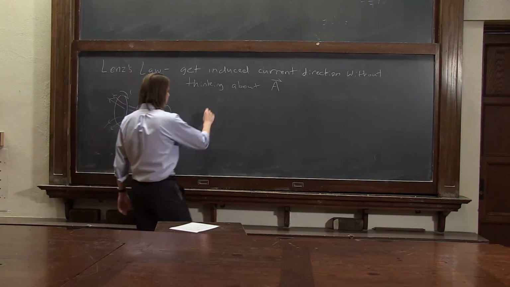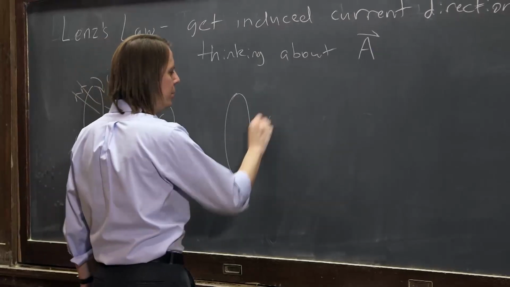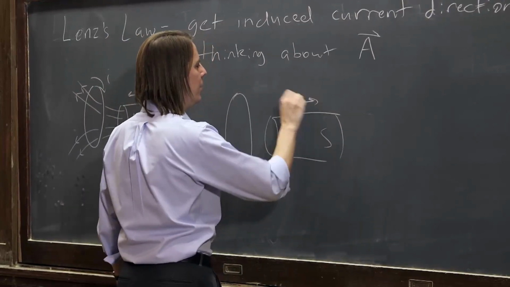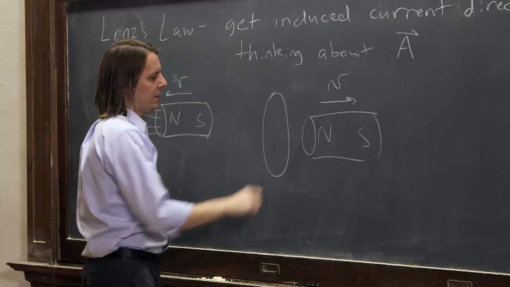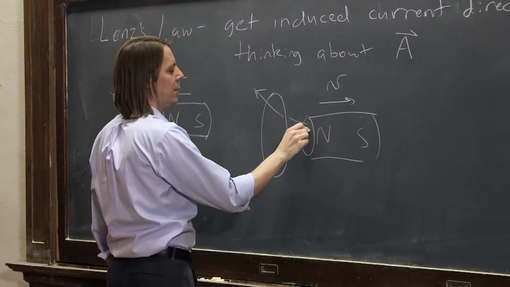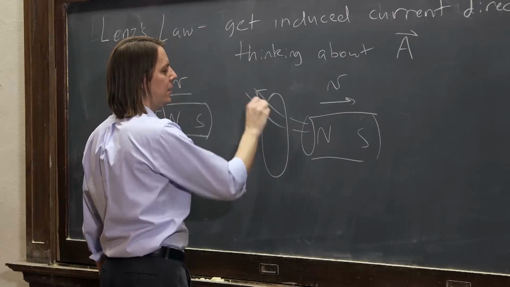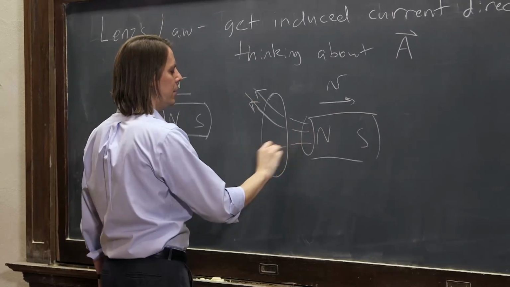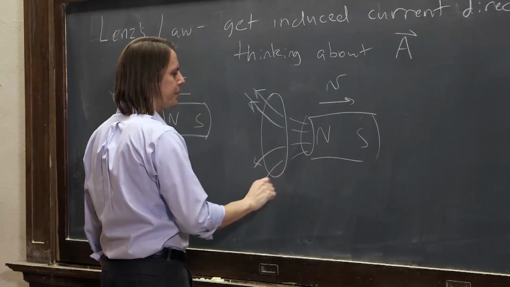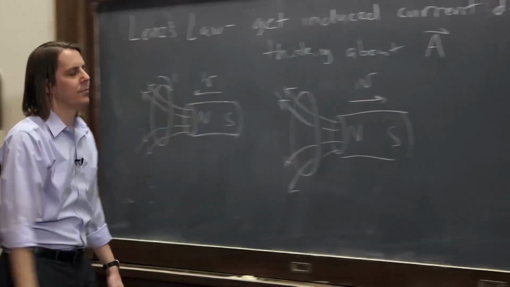Let's do another one. Loop, north, south. Now let's let it go this way. It's pretty much the same drawing, just going like that, but now we're pulling it back.